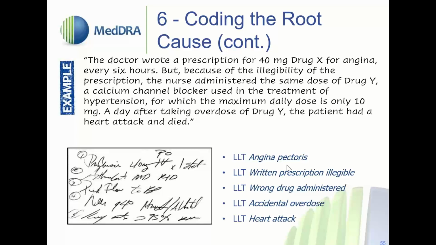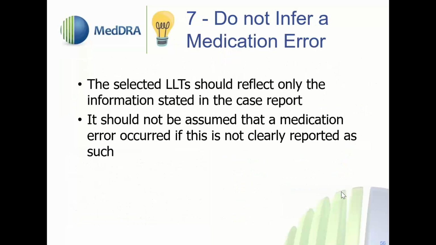And then finally, all of this, like we said earlier, is a series or a chain of events happening. They led to a heart attack, which then should be captured as the resulting adverse reaction in the patient. So remember, it's very important to capture the root cause if reported. And there we go, the root cause.